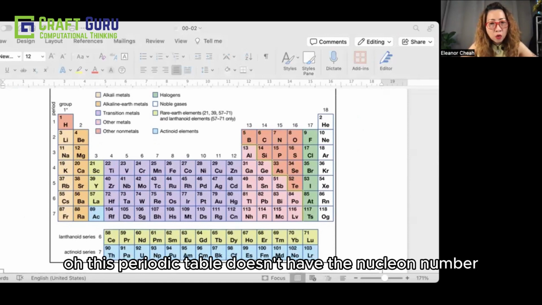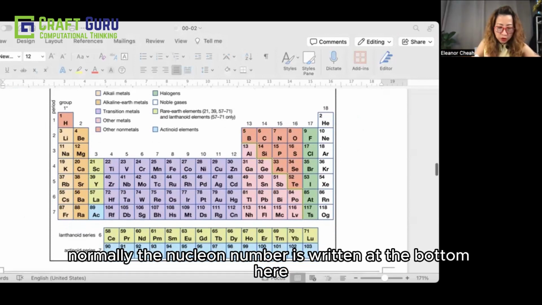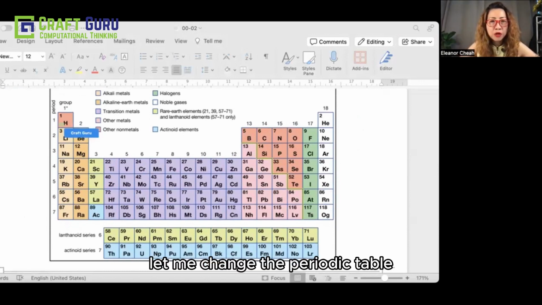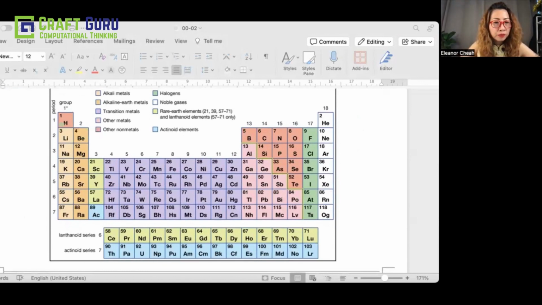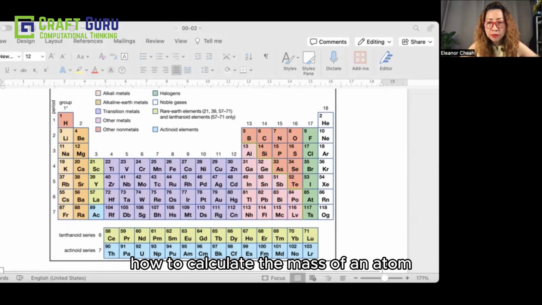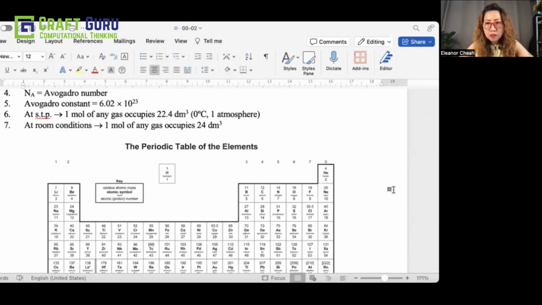This periodic table doesn't have the nucleon number. Normally the nucleon number is written at the bottom here. Let me change the periodic table so that you can understand how to calculate the mass of an atom.